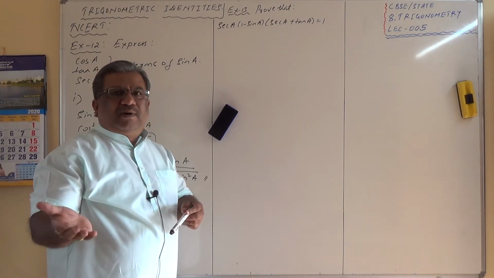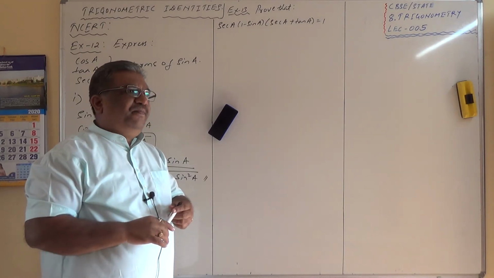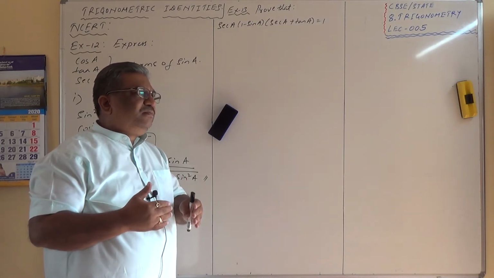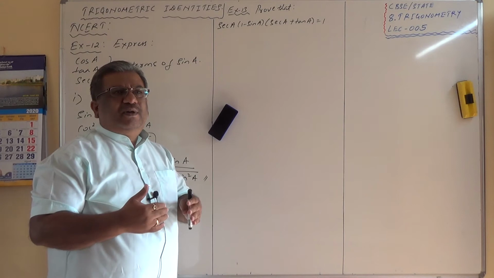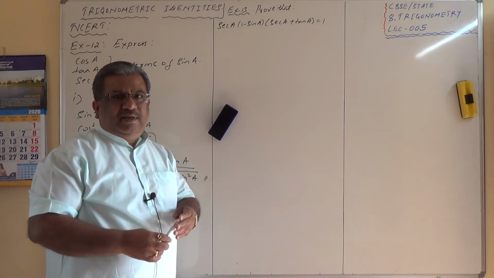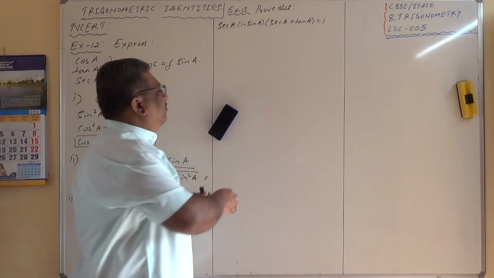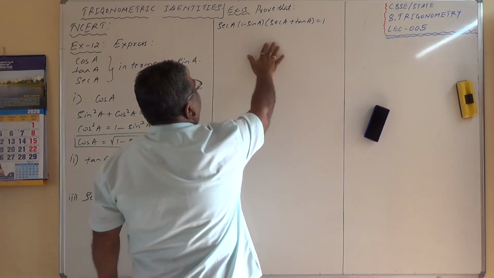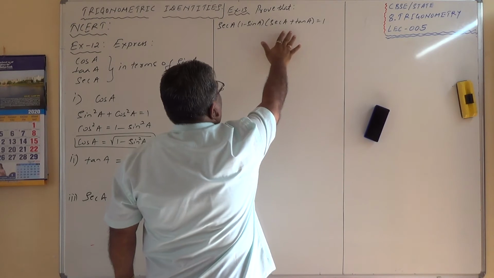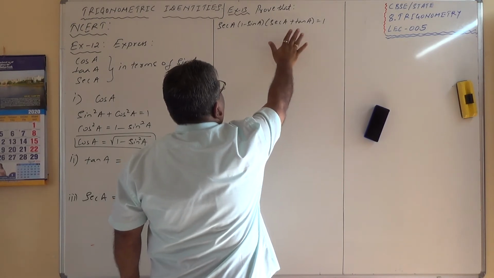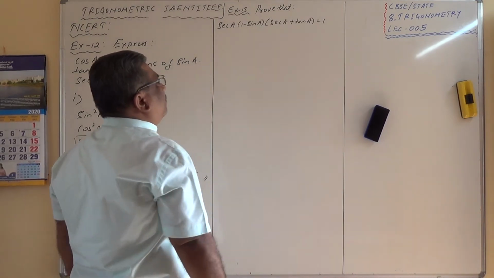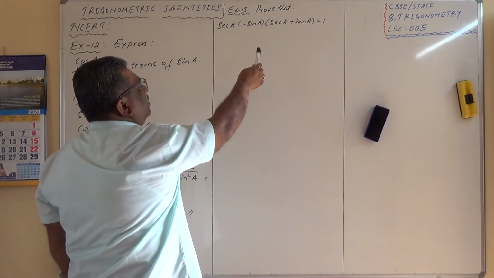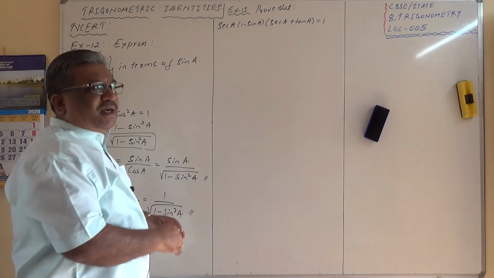Especially tan and cot, whenever these are present, it is preferable if you convert them into sine cos ratios. The job becomes easy. So let us see what is the method I can use. Can I use any standard identities over here? Maybe it's very difficult for me to find out the standard identity in this one. So what I will do here is try to convert everything into sine cos ratios and see what happens.